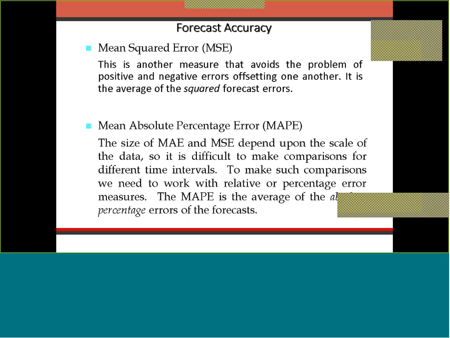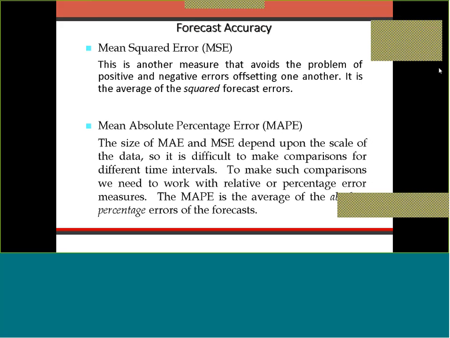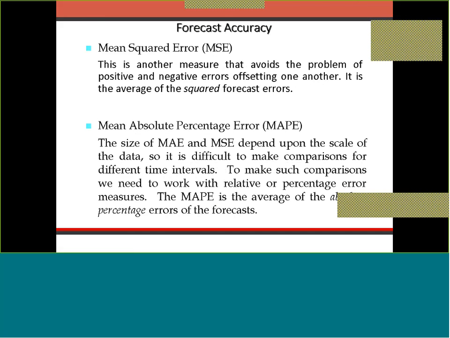But the best error definition is mean absolute percentage error. Mean absolute percentage error is denoted by MAPE. Mean squared error is MSE, mean absolute error is MAE, and mean error is ME. So what do we mean by mean absolute percentage error?